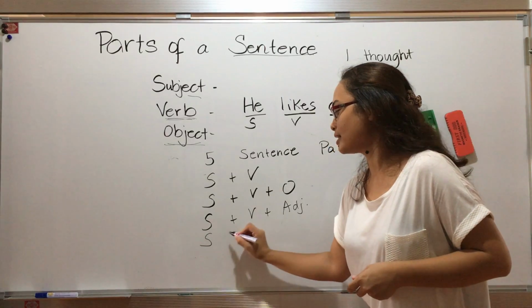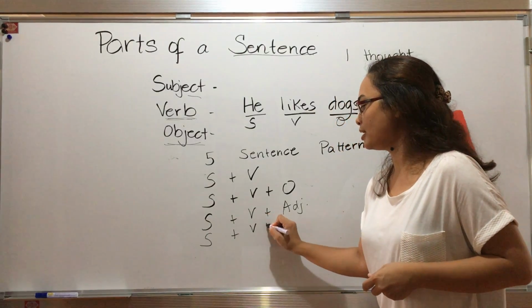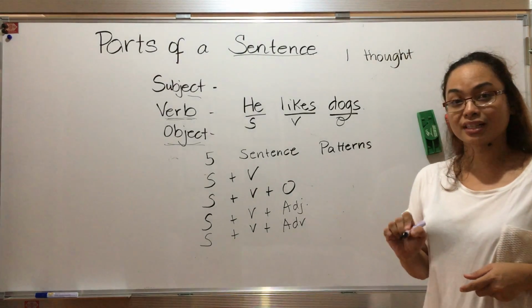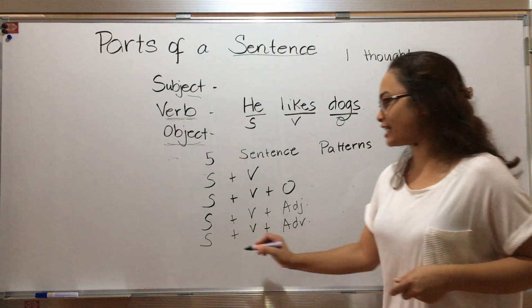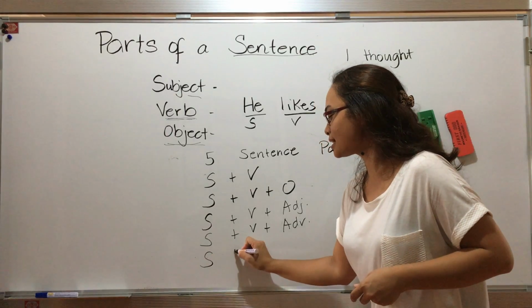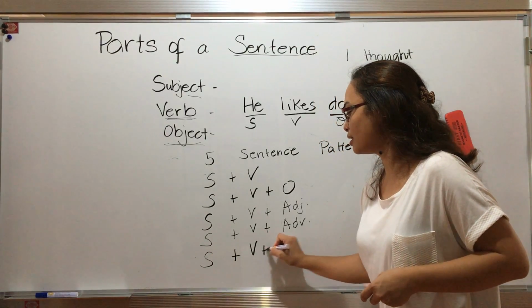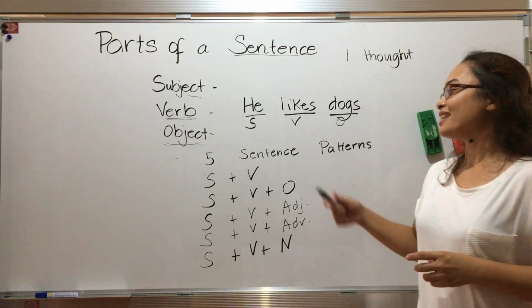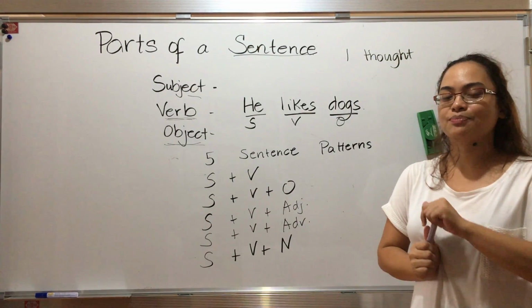We have S plus V plus ADV, shortcut for adverb. And the last one will be S plus V plus N. There you have it. These are our 5 sentence patterns.